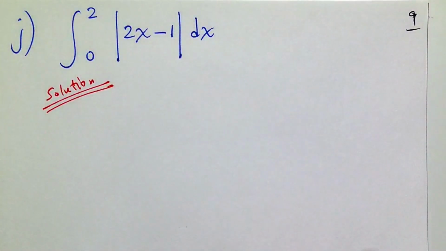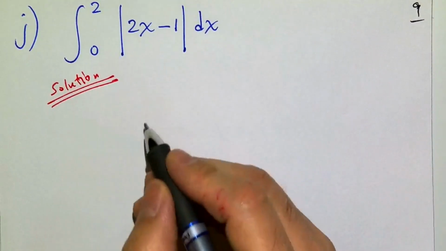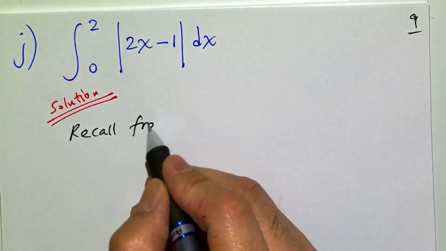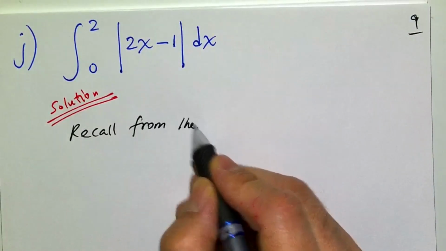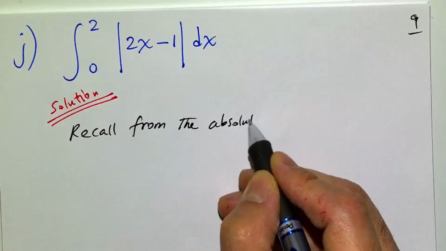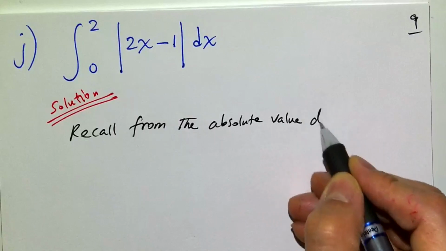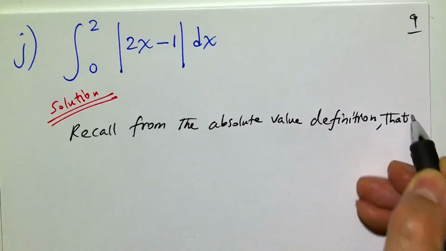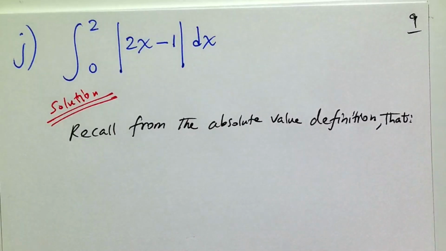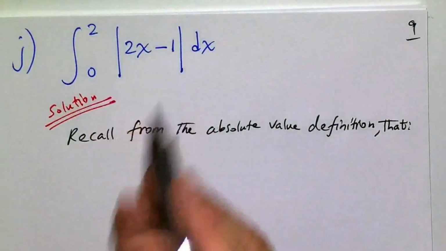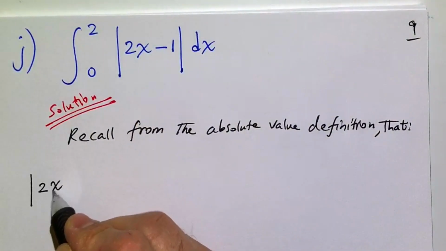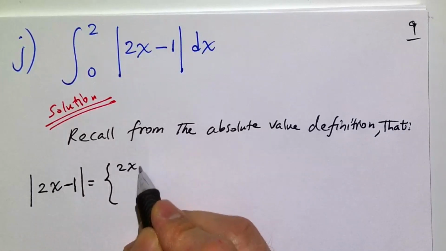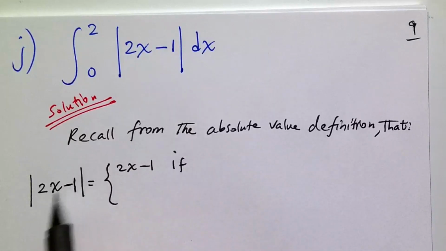So recall from the absolute value definition, that the absolute value of that expression is equal to 2x minus 1 if that expression is positive.